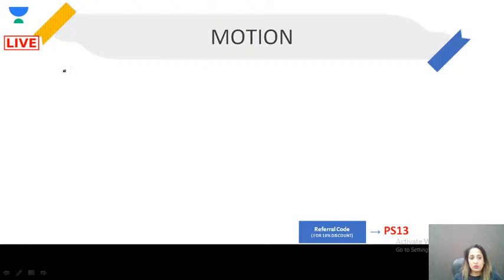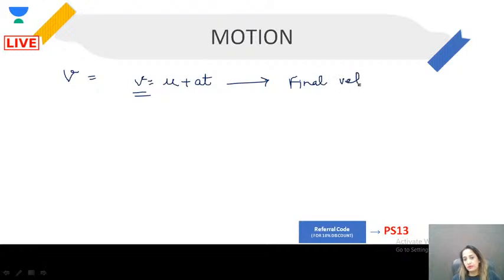When we want to know the final velocity, then we use V = U + AT, because V is the final. When the question says find out the final velocity, or what will be the velocity after 10 minutes, you need to understand from the question whether it's asking at what velocity it started moving, or what the final velocity was at a given point of time.